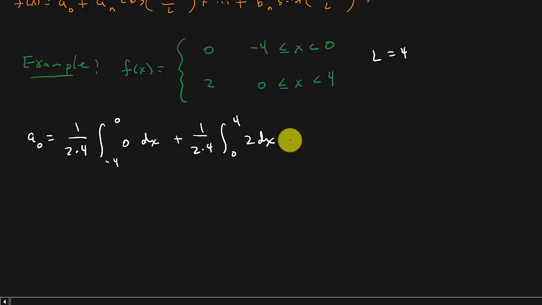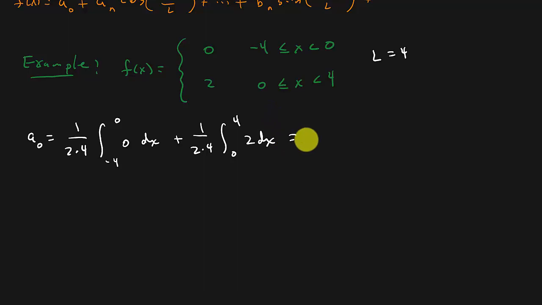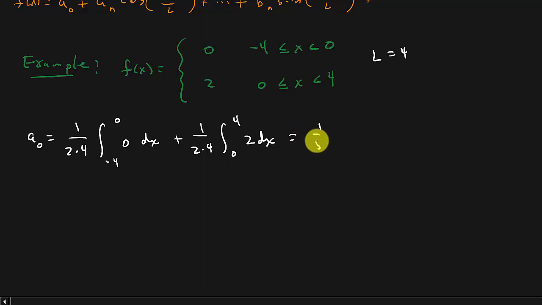And when we do all that good stuff, that's going to be 1/8 times 2x from 0 to 4, and that is just equal to 1.